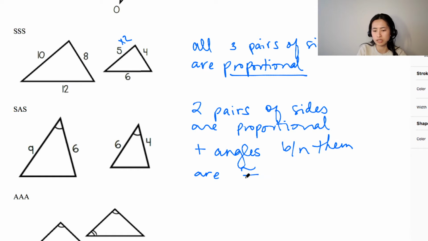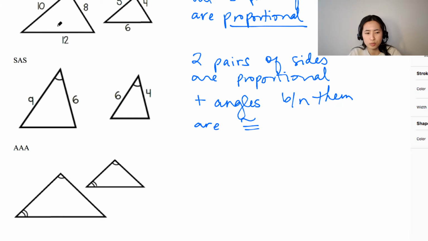This is the congruent symbol. We need to get used to looking at symbols, because this is math after all. So that's what side angle side means: two sides are proportional, and on top of that, you have an angle in between them that's congruent.